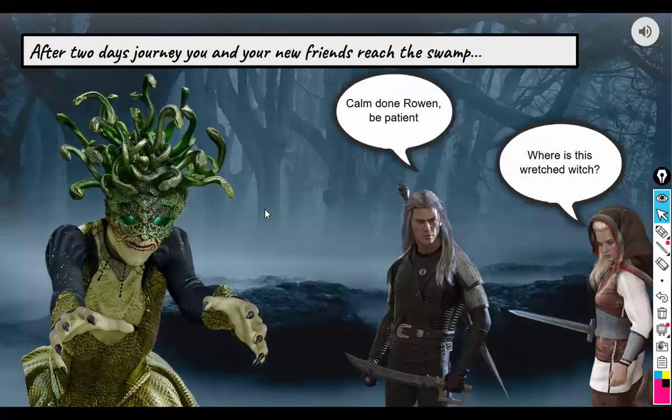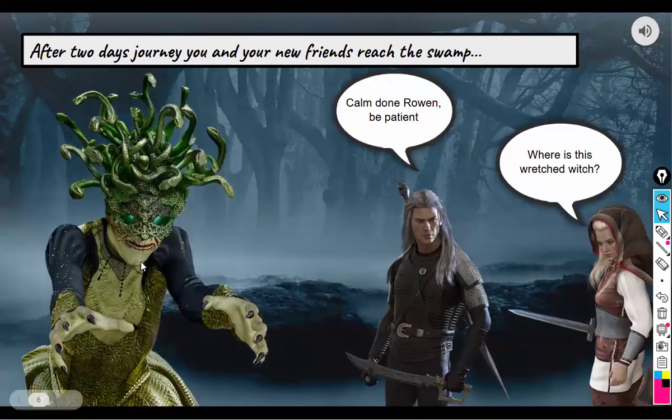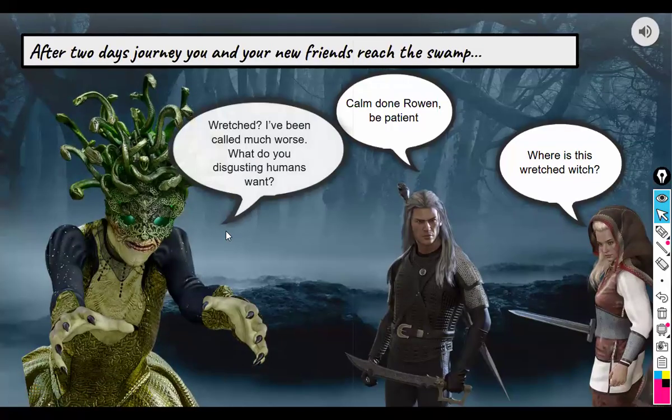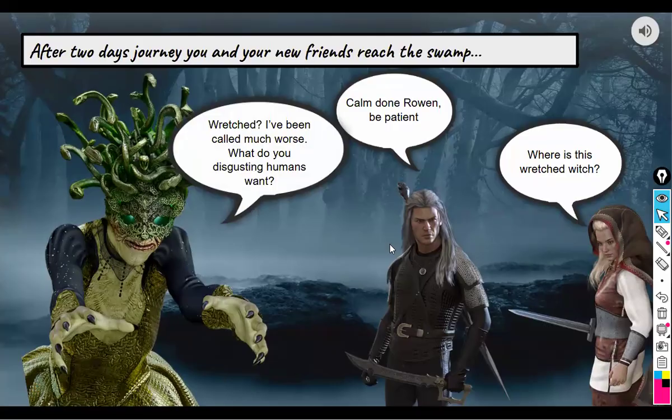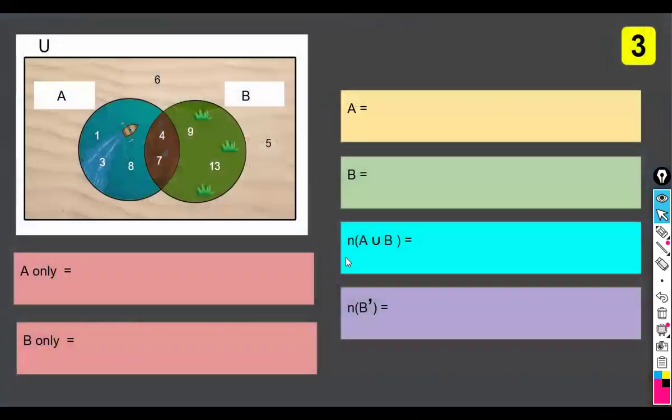That's the witch there. All right, so we'll see if the witch decides to help them or not.